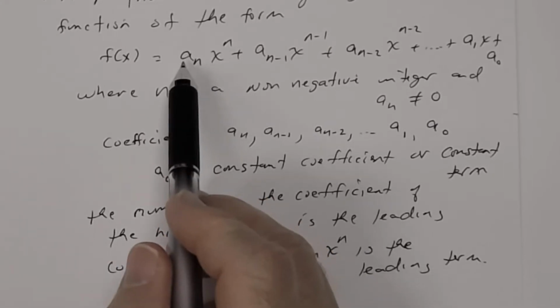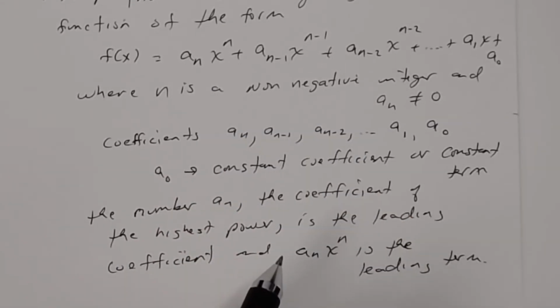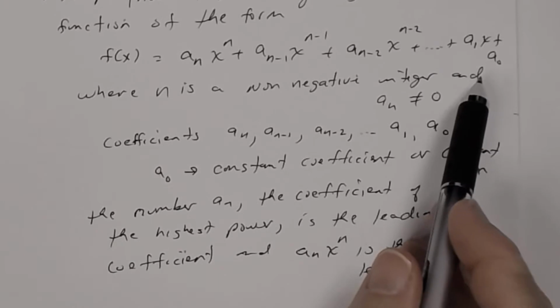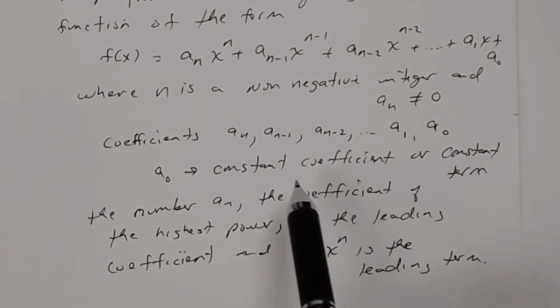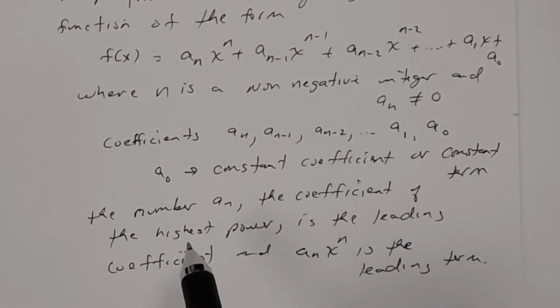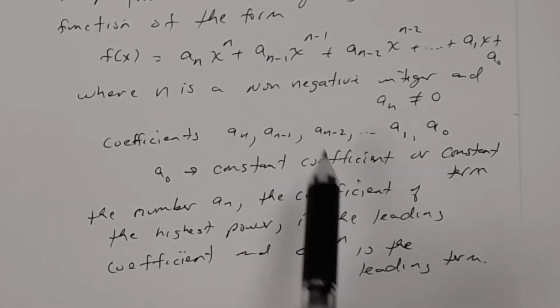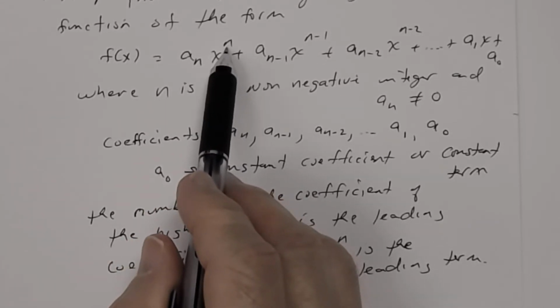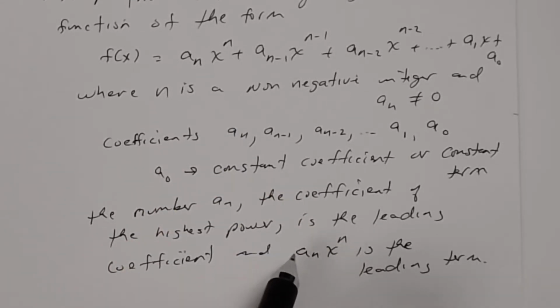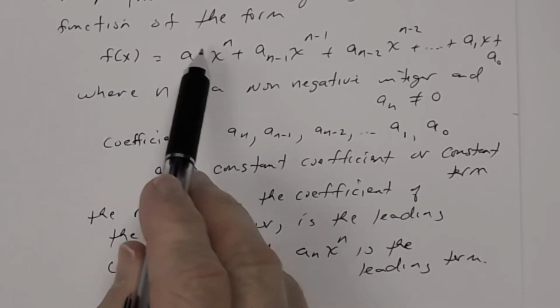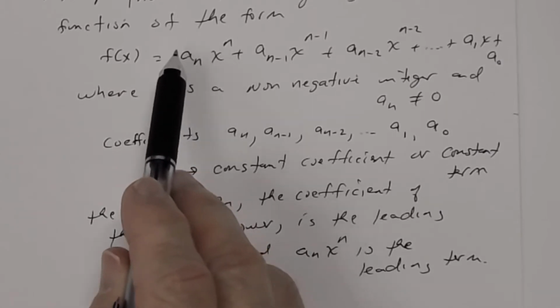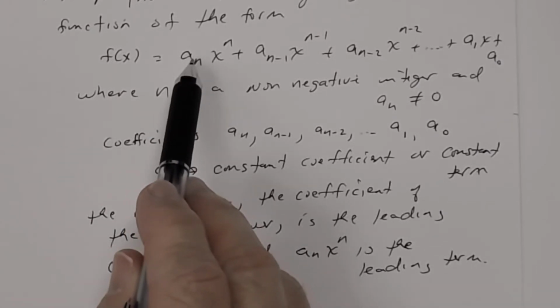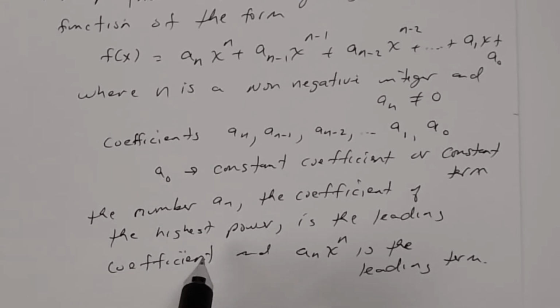The numbers in front of the variables are called coefficients. The constant is sometimes called the constant term or constant coefficient. It's also important that you understand that the term that has the largest exponent is called the leading term, and the coefficient of the leading term is called the leading coefficient.